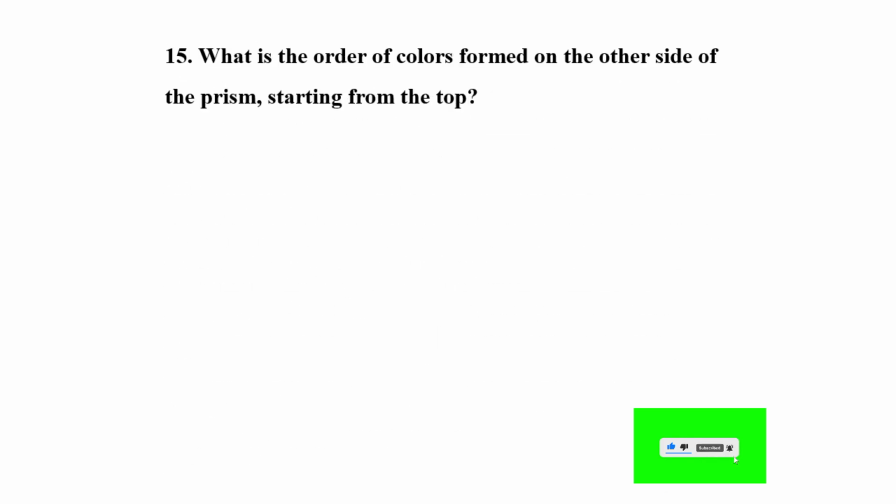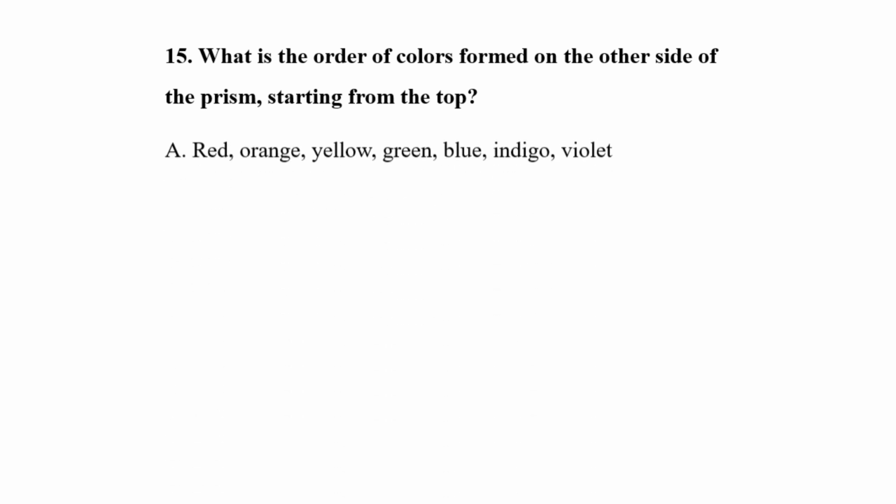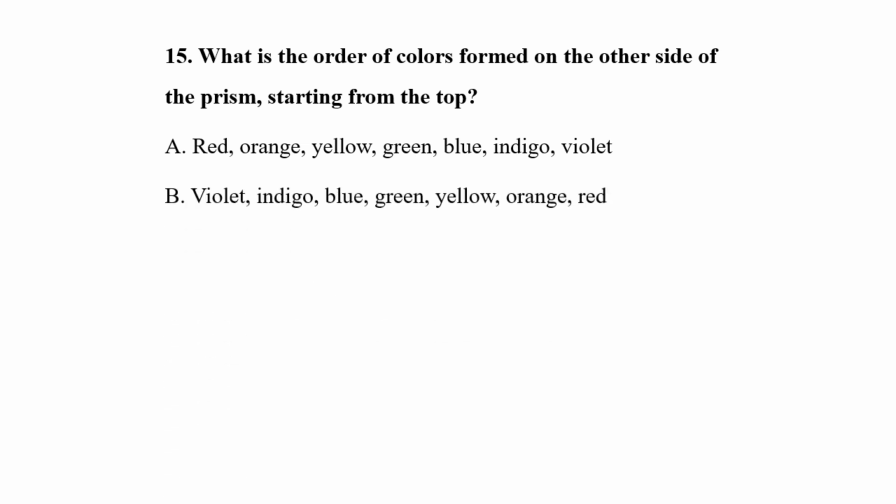Question number 15. What is the order of colors formed on the other side of the prism, starting from the top? A. Red, orange, yellow, green, blue, indigo, and violet. B. Violet, indigo, blue, green, yellow, orange, red. C. Yellow, blue, red, green, orange, violet, indigo.